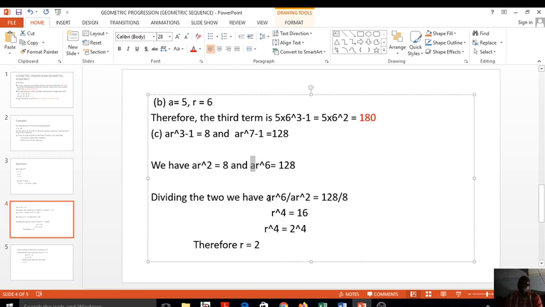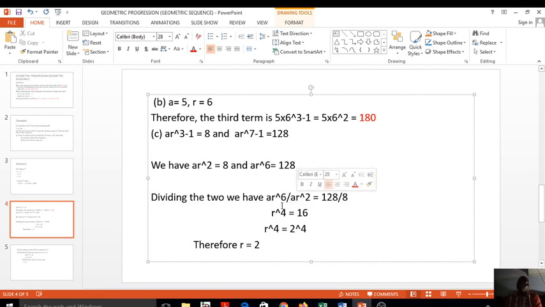So if we divide both sides, ar to the power 6, which is 128, divided by ar to the power 2, which is 8, the a and a will cancel. We remain with r to the power 6 divided by r to the power 2.